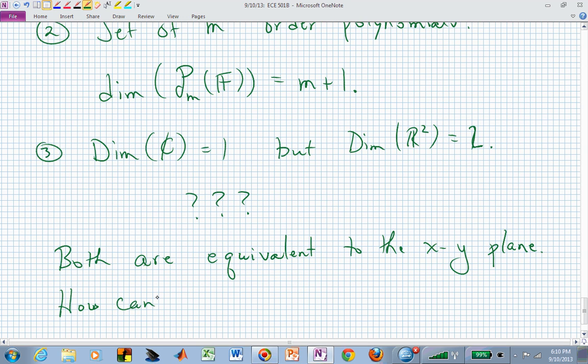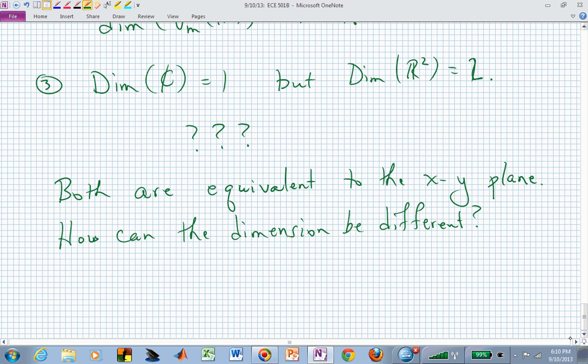If that's true, how can the dimensions be different? And it all boils down to the scalars that we're using in those two sets, the complex numbers and this R2 space.